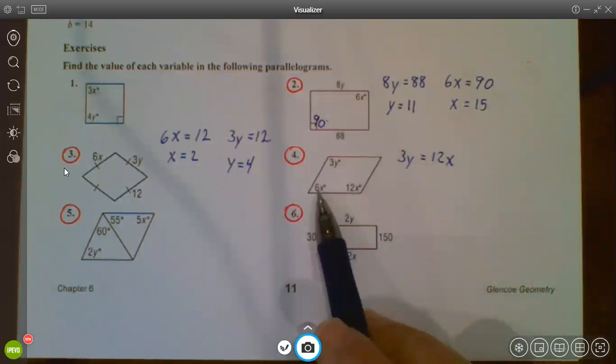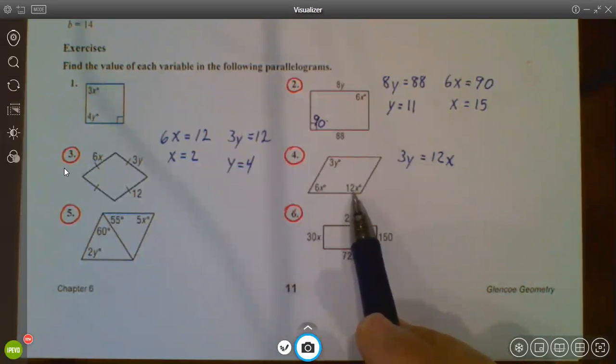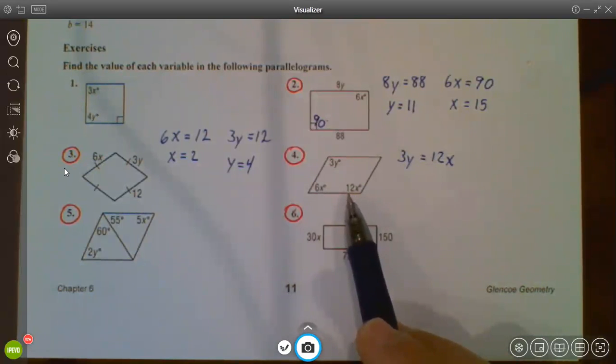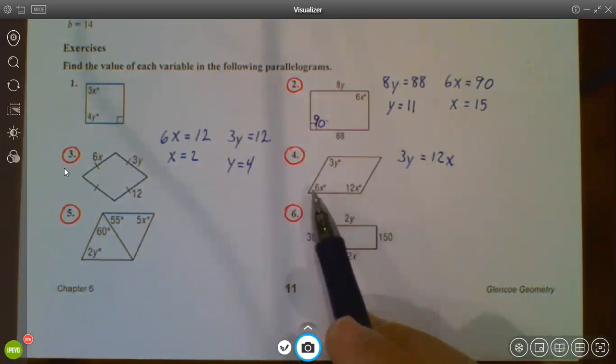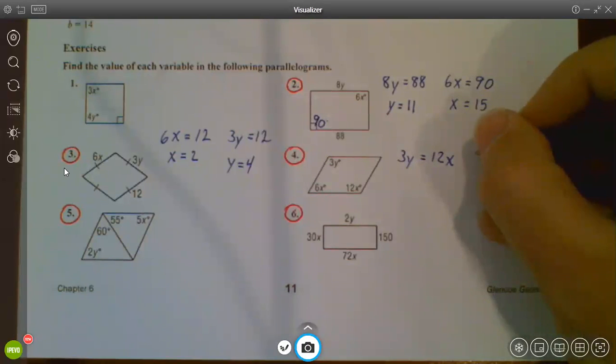So let's go back to where I see the same letter. These are the ones you want to pick on first. Notice these both have an x. What's the relationship between those 2 angles? If you look back up at our 3rd bullet point, remember that consecutive angles are supplementary. So I know that 6x plus 12x equals 180.